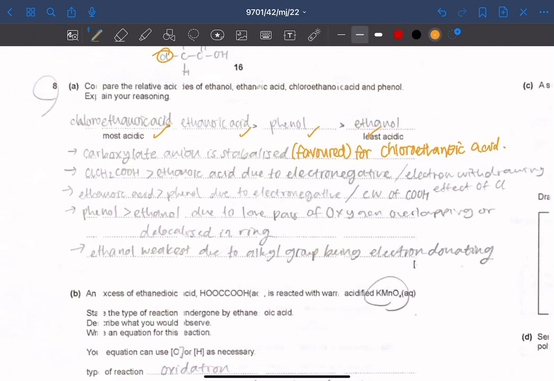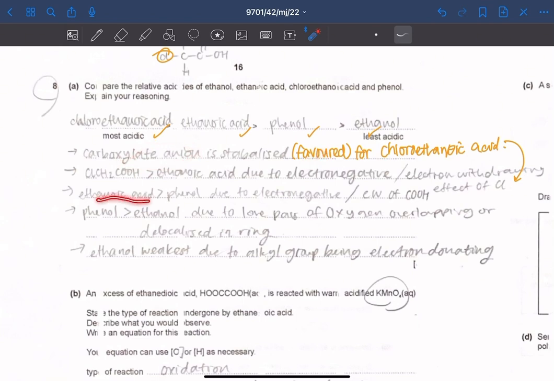You could say this for chloroethanoic acid, after saying that chloroethanoic acid is more acidic than ethanoic acid due to the electronegative, or electron withdrawing, effect of the Cl. So you could say that the carboxylate ion is more favored.